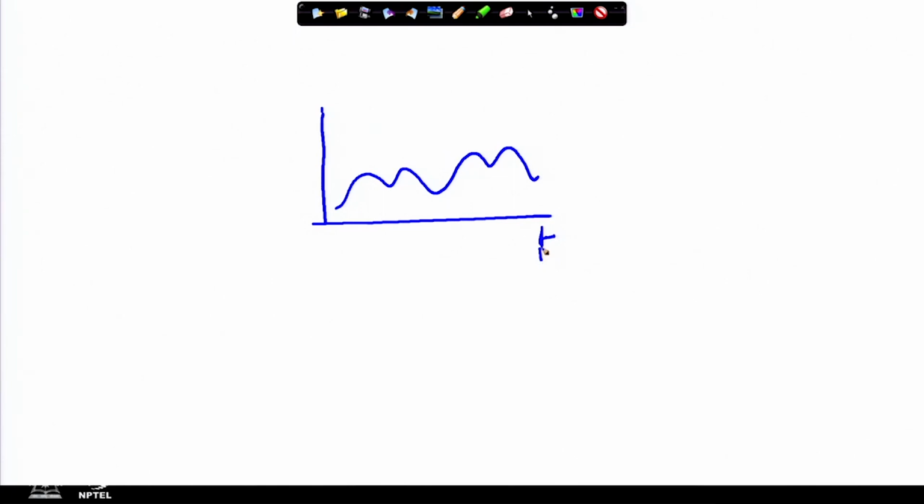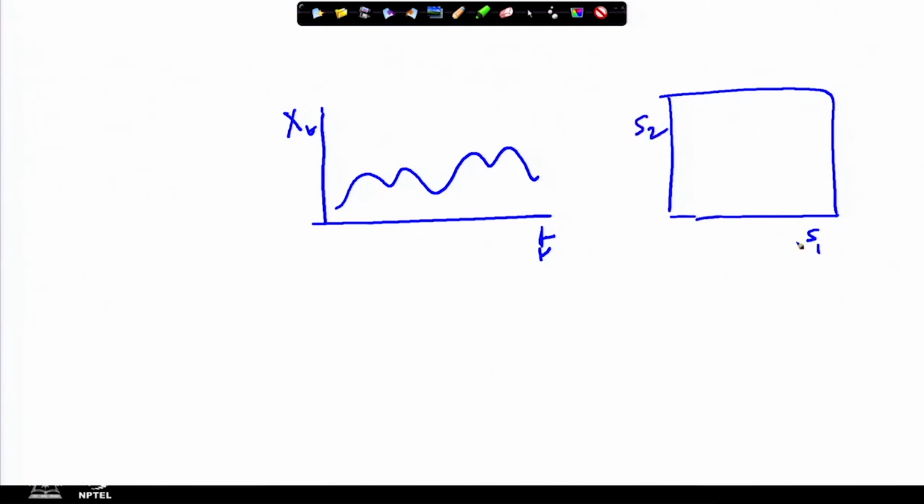You can call this x(t). Or let us say we have a spatial field, indexed by the latitude S1 and longitude S2, and at different parts we have different values of this spatial process.